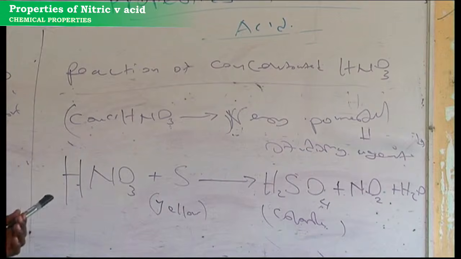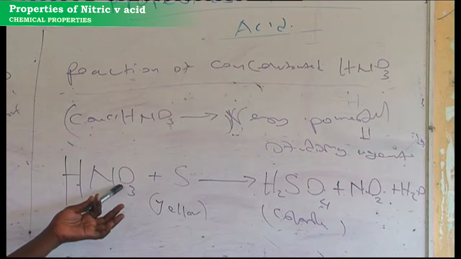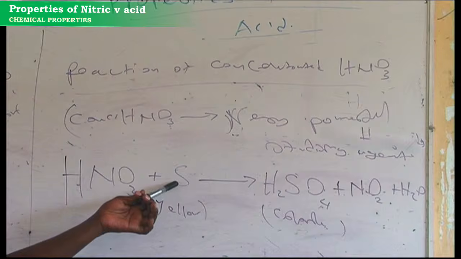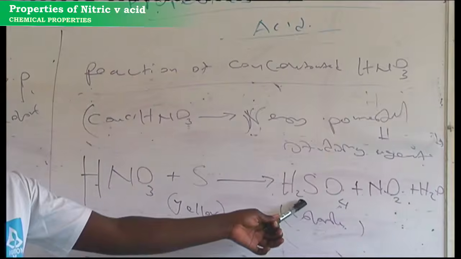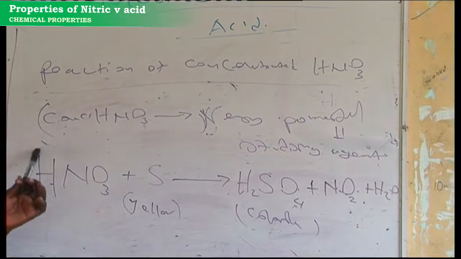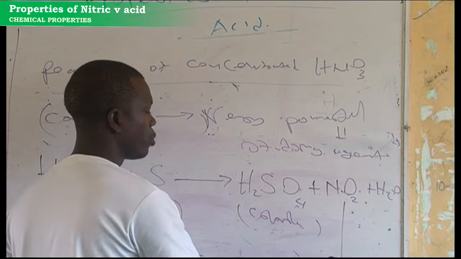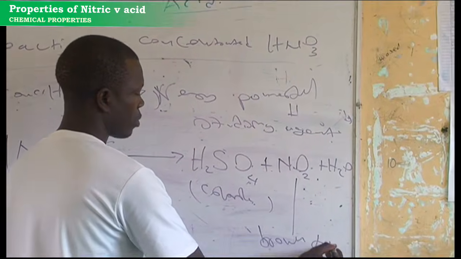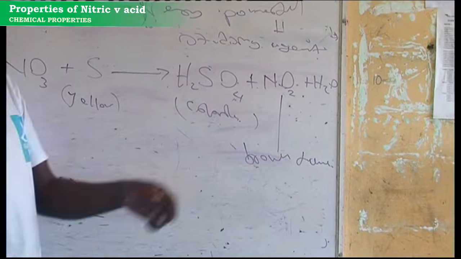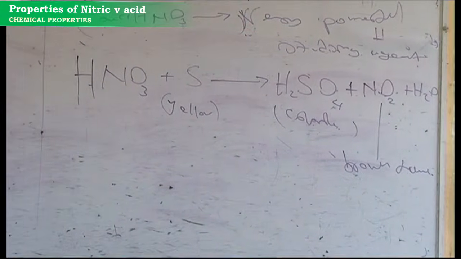So there is an oxidation and reduction that has taken place, where nitric acid has oxidized yellow solid sulfur to sulfuric acid, while it is being reduced to brown fumes of nitrogen dioxide.